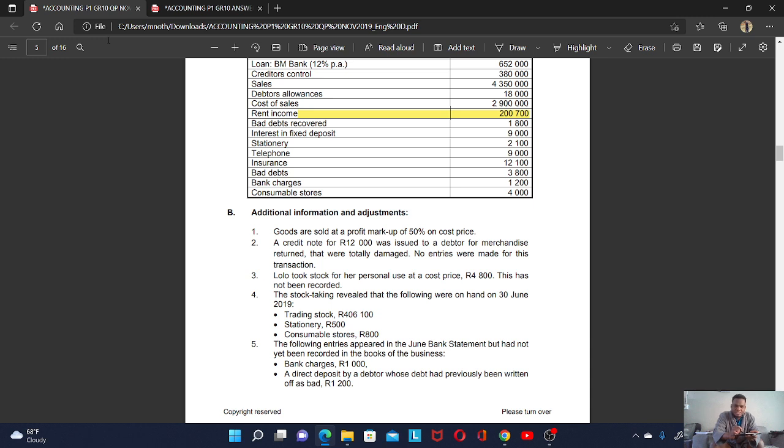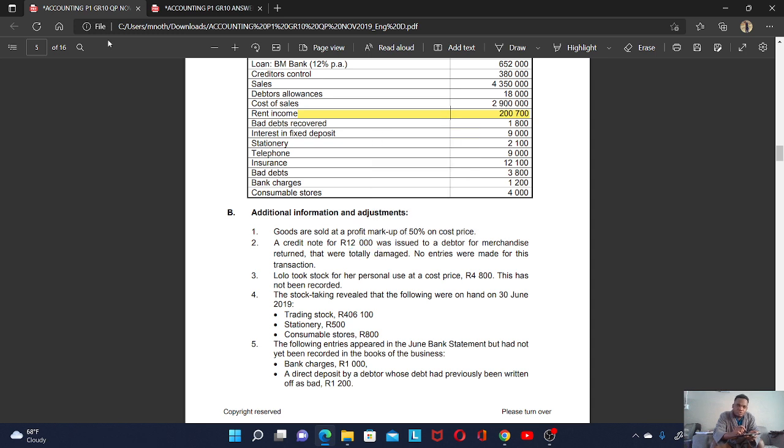So the credit note of how much? 12,000. That is a debtor's allowance.